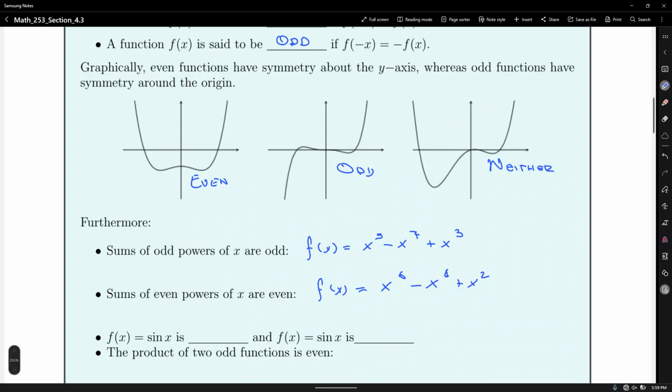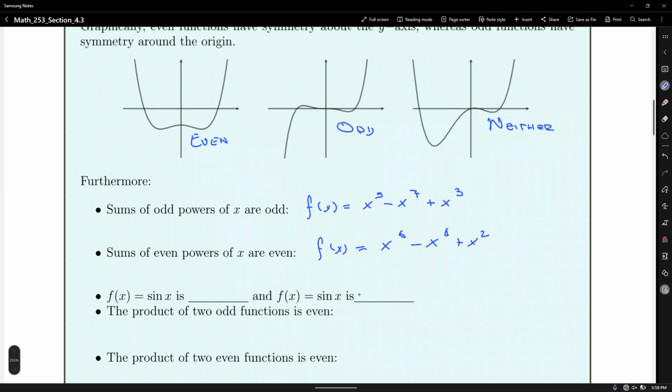So that's an example. Specific cases like f of x equals cosine x, not sine, a little typo here. Okay, what about sine, even or odd? What about cosine? Even.